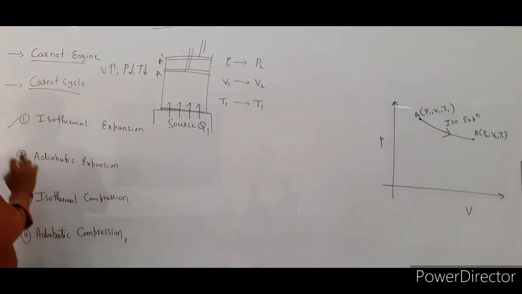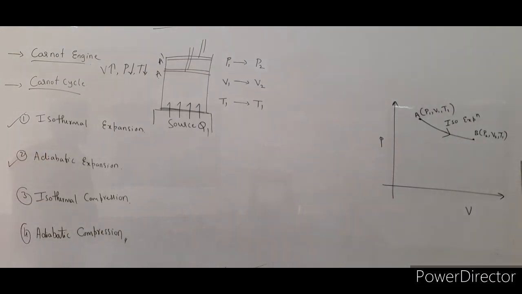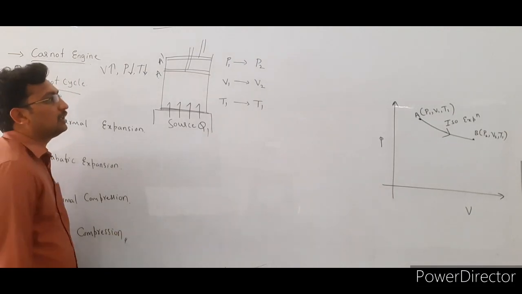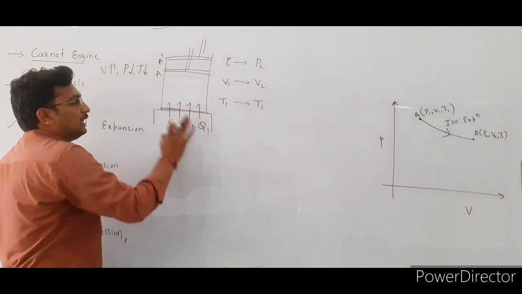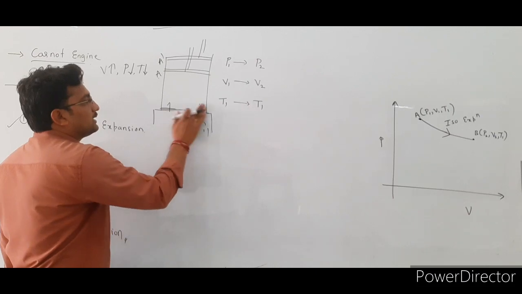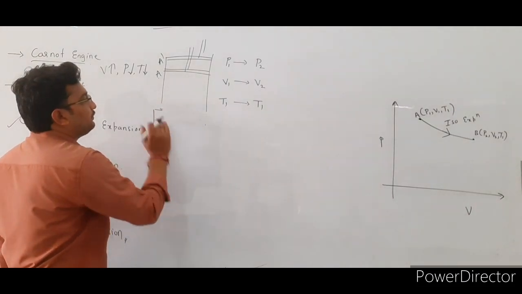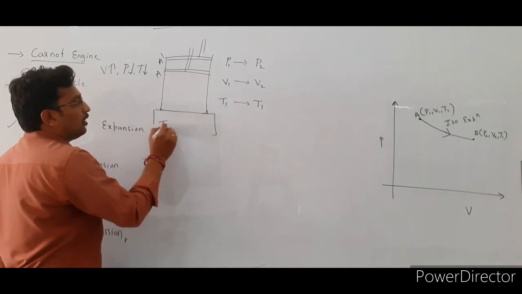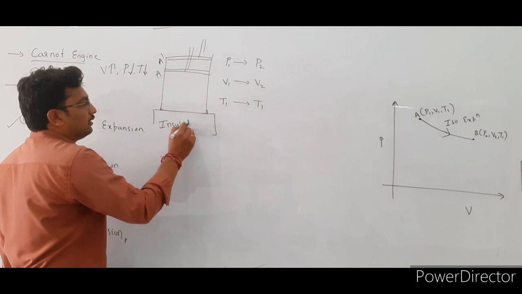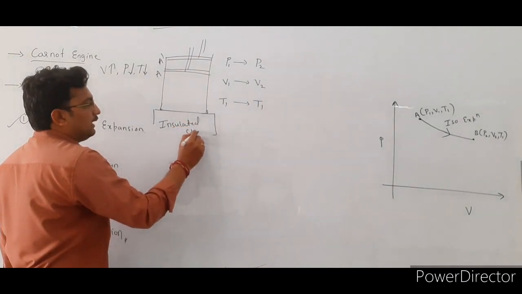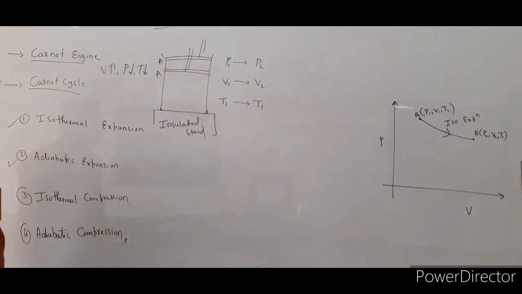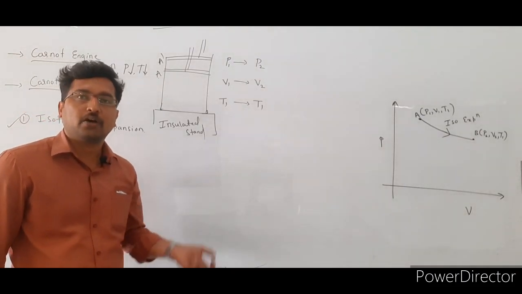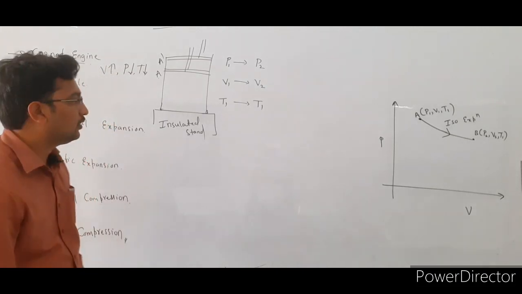Right. In the next case, adiabatic expansion, we place this cylinder on an insulated stand. Already we know that an adiabatic process means there is no exchange of heat energy between system and surrounding.